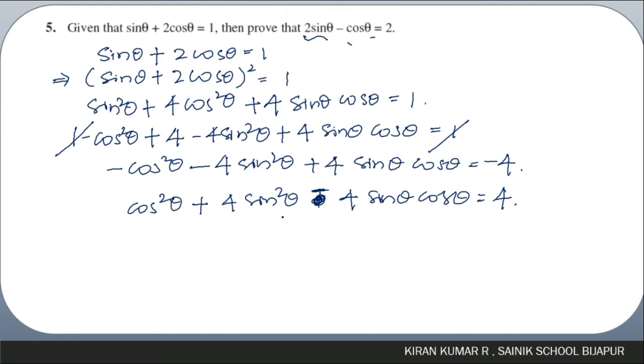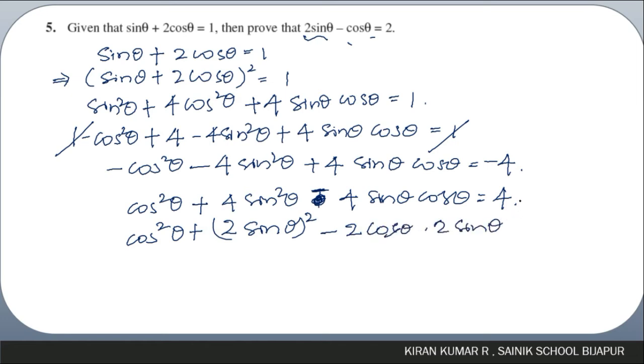Here 4 times sin square theta is there. Here cos square theta is there. To simplify further, I will write this as cos square theta plus 2 times sin theta the whole square, minus 2 times cos theta into 2 times sin theta, equal to 4.